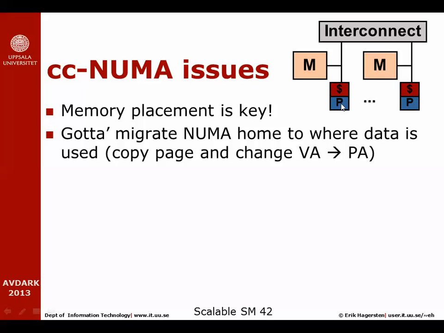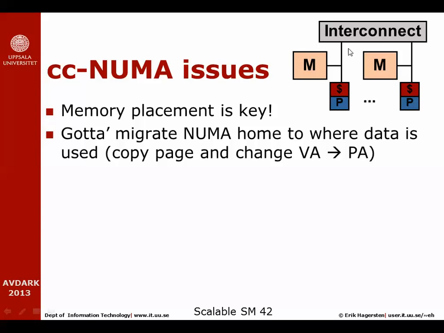So if the page over here, Murphy is involved, and the page that resides in the right node is frequently accessed by this processor, there has to be a way of detecting that, and there has to be a way of migrating that page and migrating its home and also the entire page over to the node where it's being most frequently accessed.